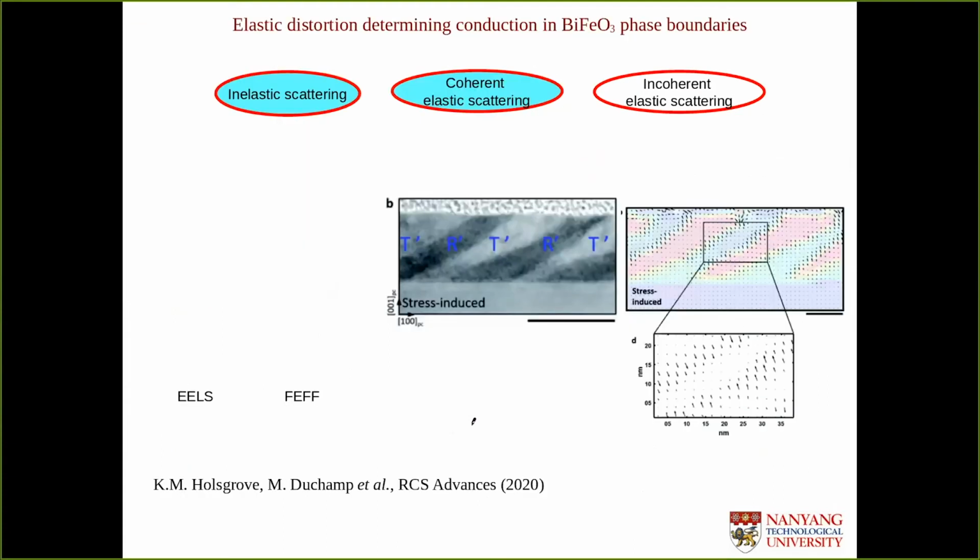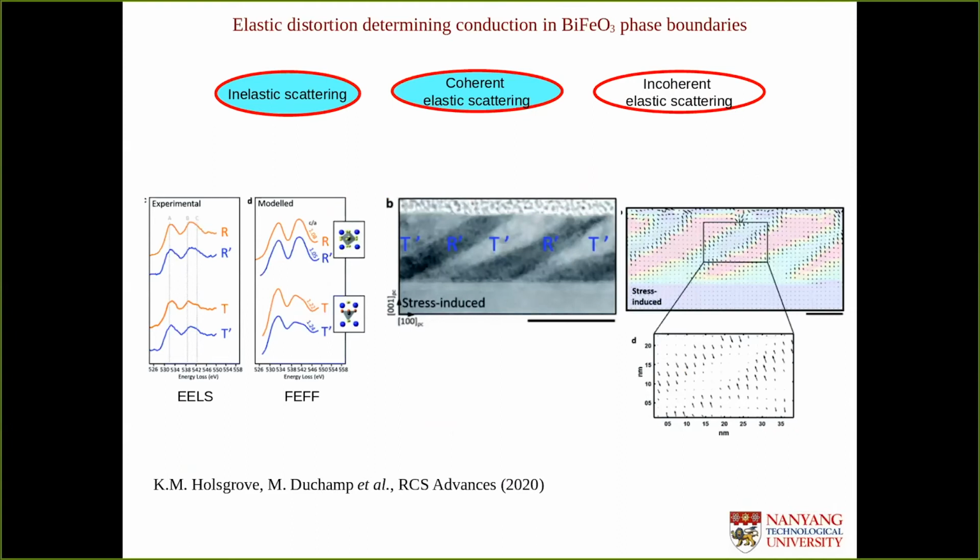So let's start with this slide. This is a study that I did some time ago, but was only published recently. What we did was use the coherent signal to get such an image, and using this coherent imaging, we can get a different contrast depending on the local crystallographic structure.